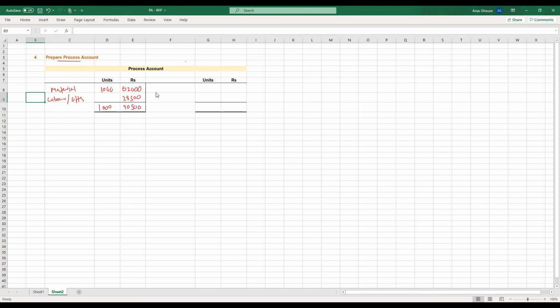Then we had finished goods, which we calculated was 800 units, and the total value 76,824, and closing work in progress 200, which we calculated based on the equivalent units, 14,076.